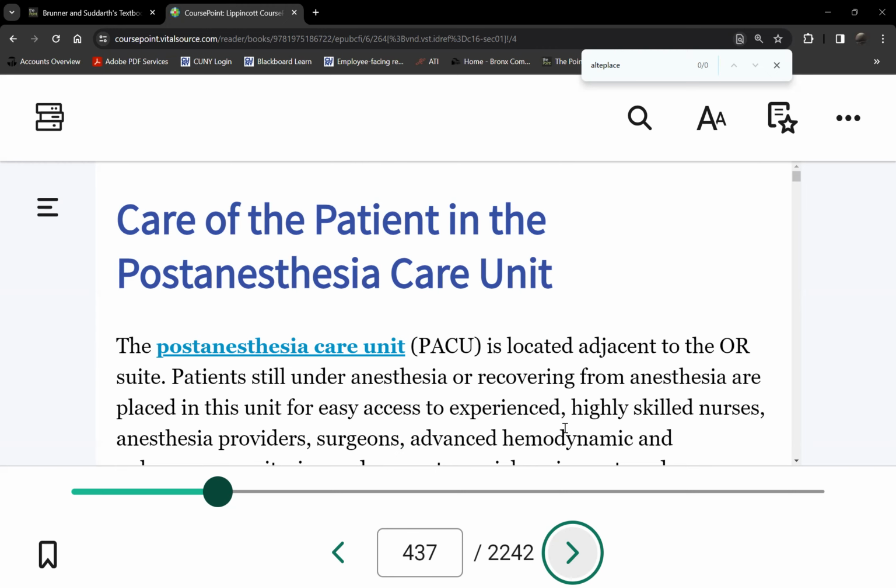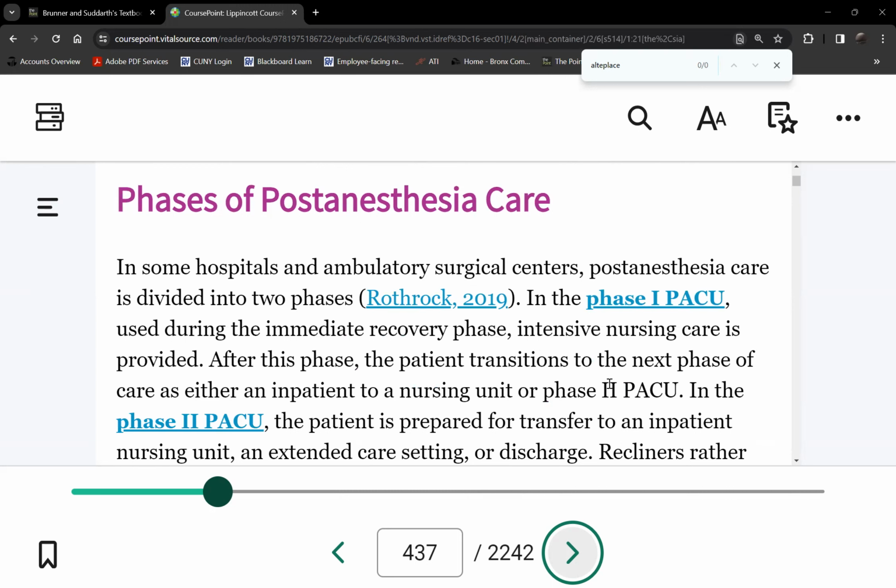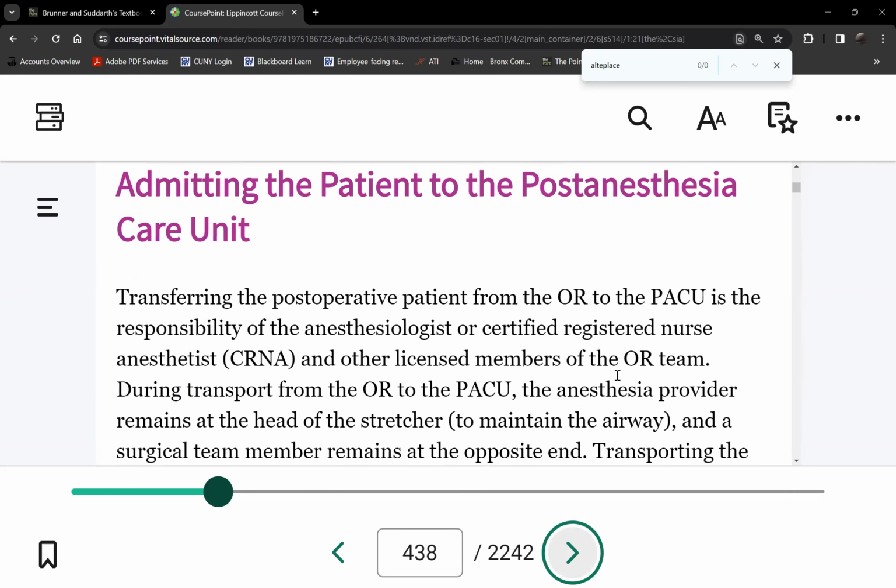So if you're a PACU nurse, you can float to ICU. ICU nurses can float to PACU, vice versa. We will not talk about the phases of post-anesthesia care. Again, are you expected to be a PACU nurse? No. So we'll just do the basics.